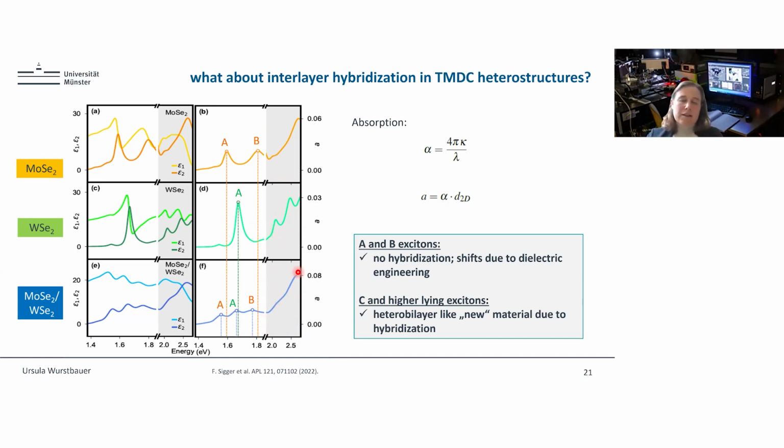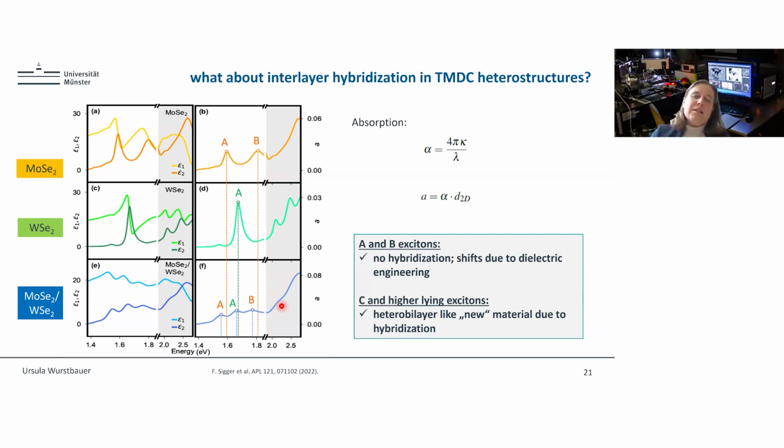The explanation for that is that for the low energetic parts, the orbital contributions to the electronic states are highly confined within each layer. So we have some coupling between the layers, but at the end of the day, it's really just a combination and stack of two materials. In this region, for the higher energetic transitions, we have stronger interlayer coupling and hybridization, such that we really get new kinds of electronic states if we combine those two materials.